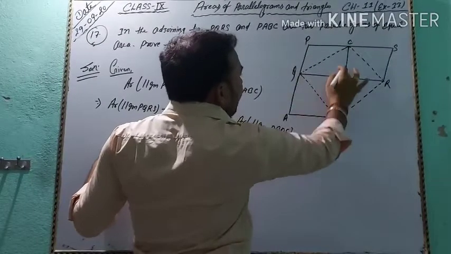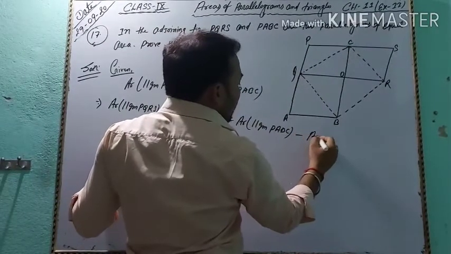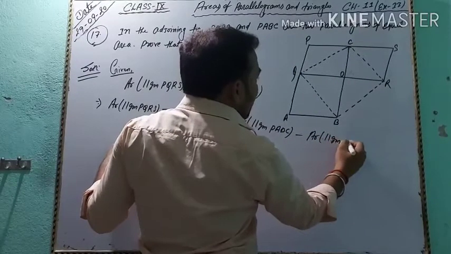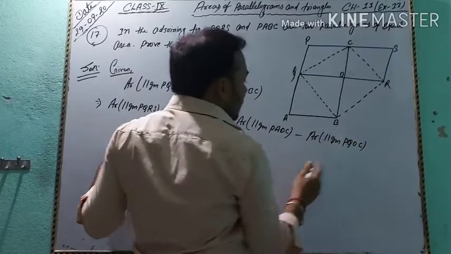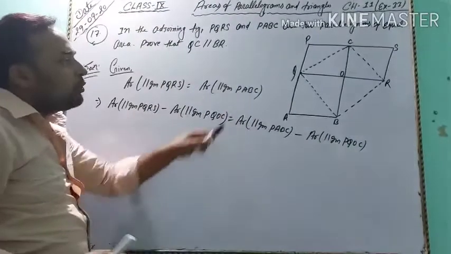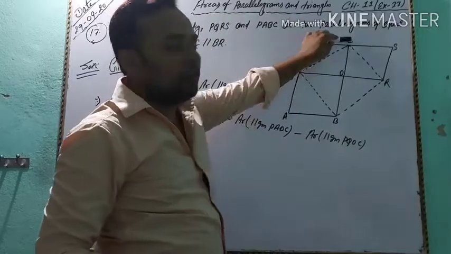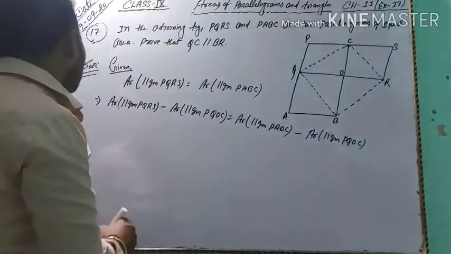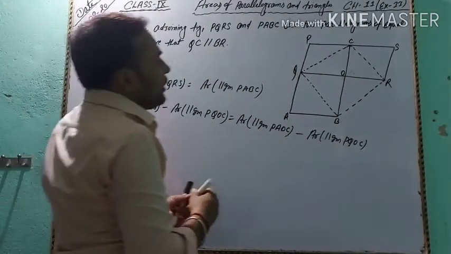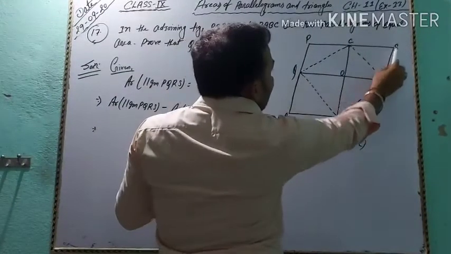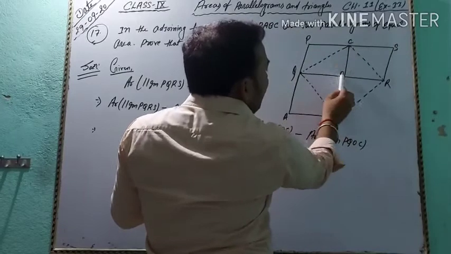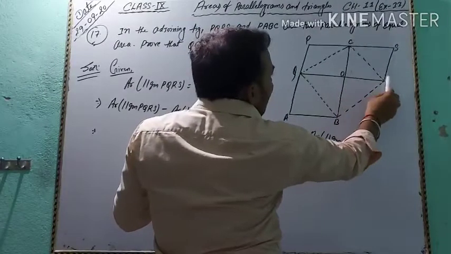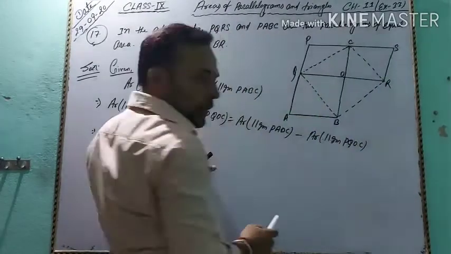We subtract area of parallelogram PQOC from both sides, okay. So students, area of parallelogram PQRS minus area of parallelogram PQOC, the remaining is area of parallelogram ORFC, okay.